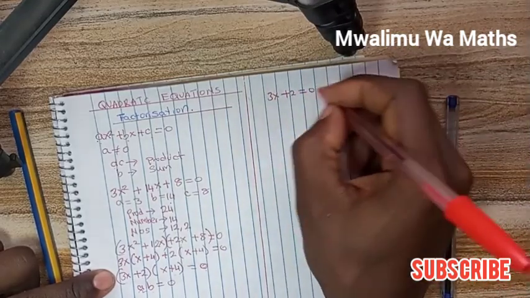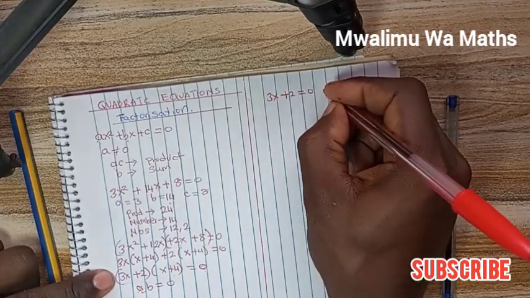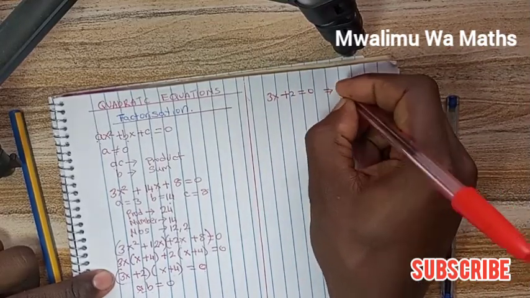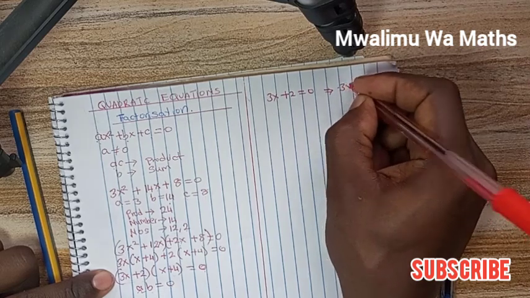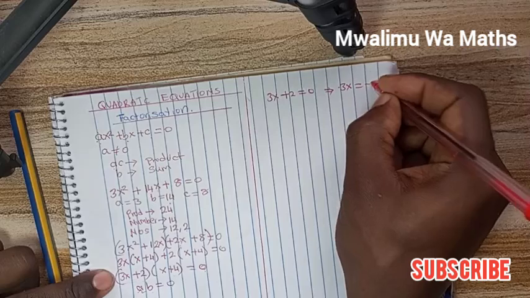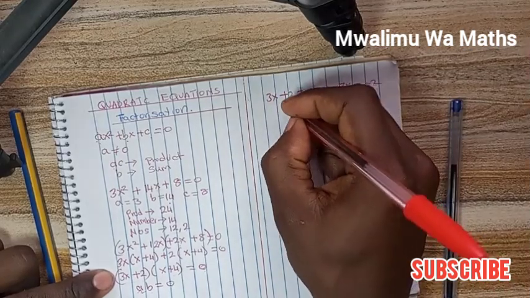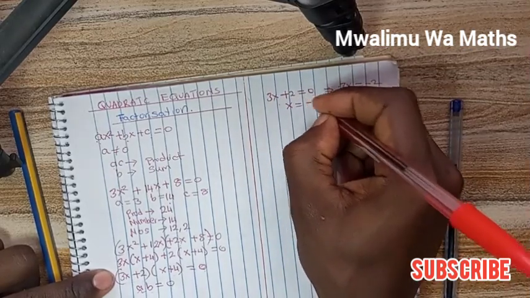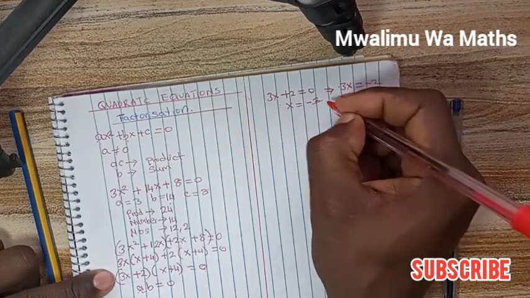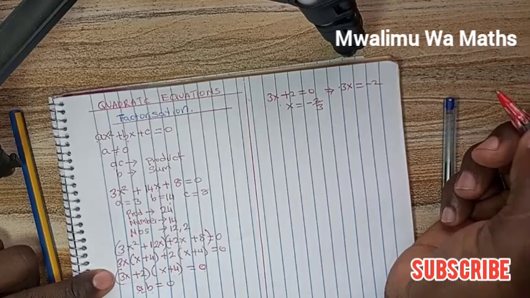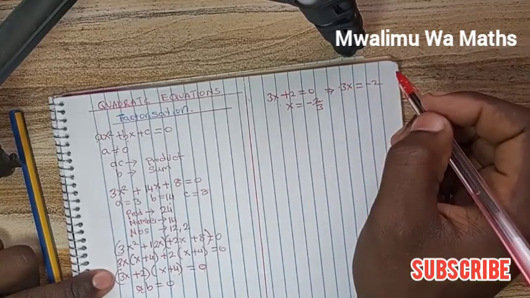So 3x is equal to negative 2, and thus x is equal to negative 2 over 3, after dividing both sides by 3.